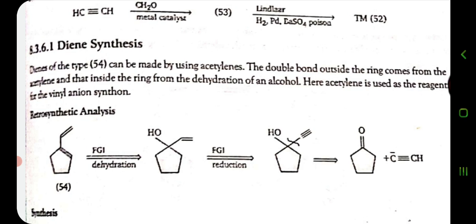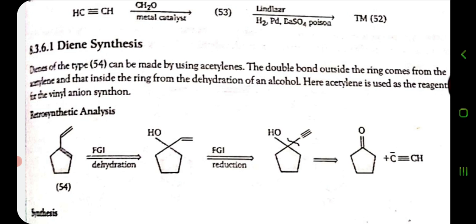The double bond outside the ring comes from the acetylene and that inside the ring from the dehydration of an alcohol. Here acetylene is used as the reagent for the vinyl anion synthon. By the retrosynthetic analysis and synthesis of the target molecule in these reactions, we can explain more.